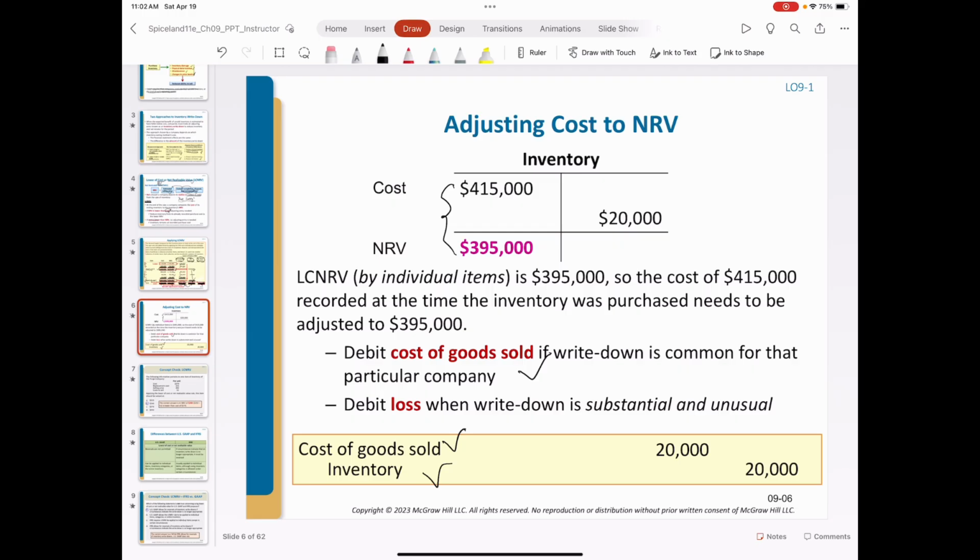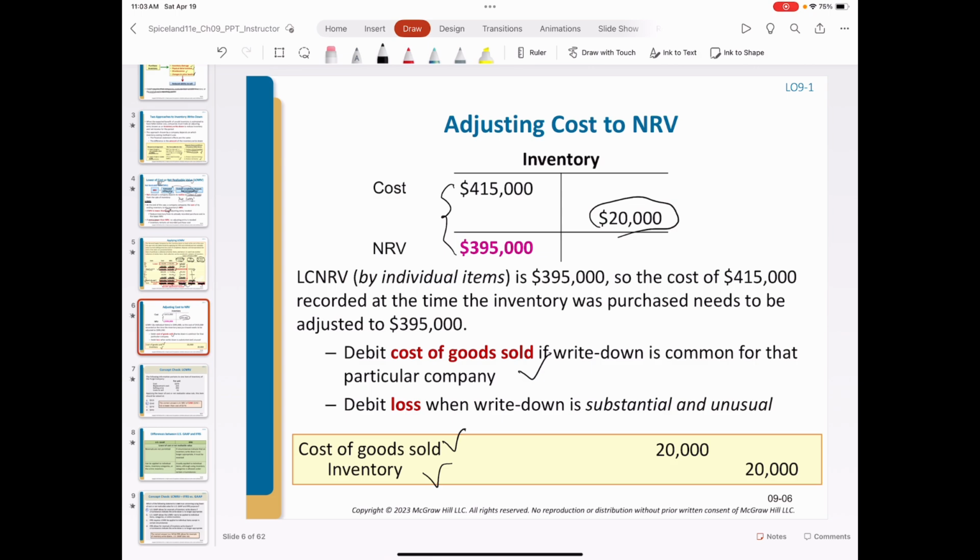So the difference is a $20,000 decrease. So we credit inventory and we debit cost of goods sold. This is an adjusting journal entry. We recognize an additional expense and write down the value of the asset.